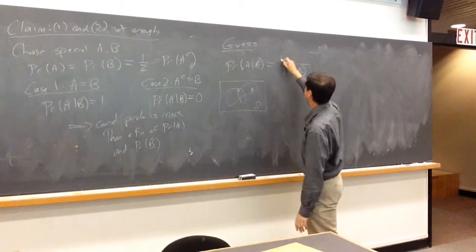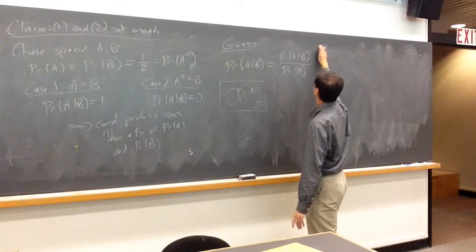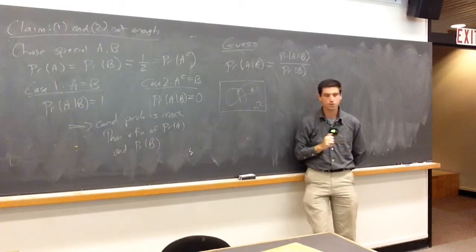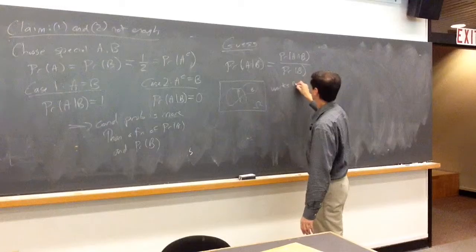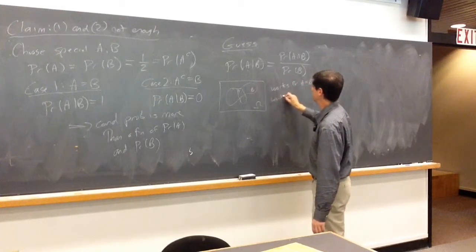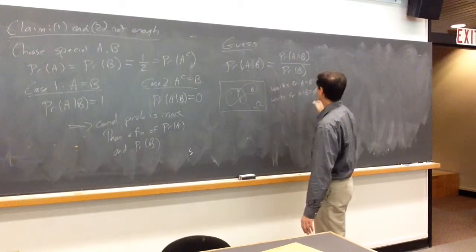So this suggests the probability of A intersect B over the probability of B, that this should be the definition of conditional probability. So this works for A equals B, and it works for A intersect B is empty.